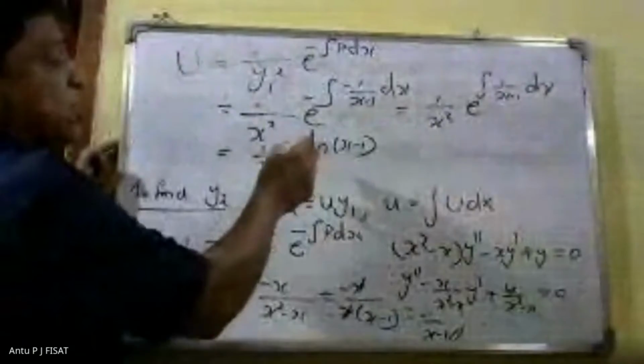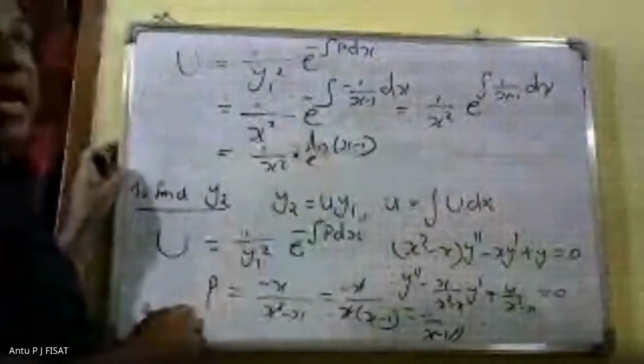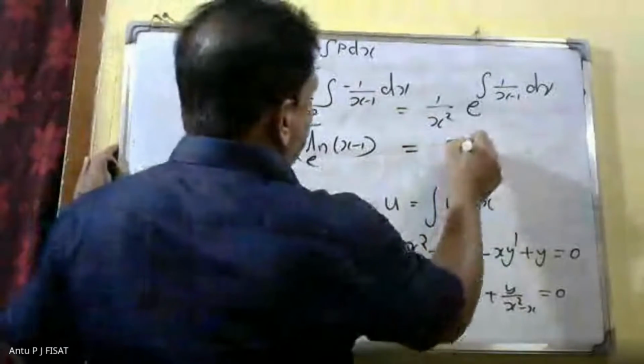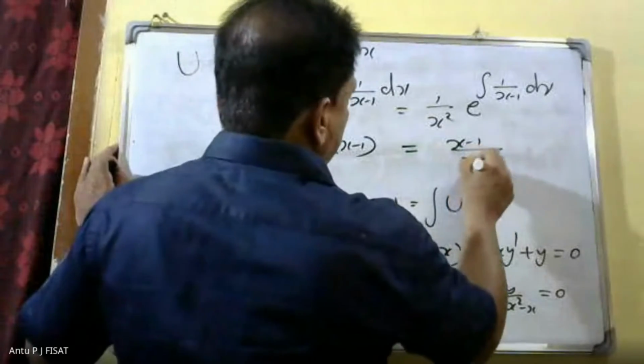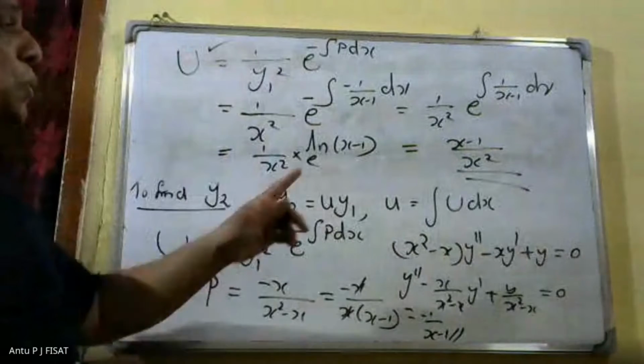Therefore, 1/x² into e^(ln(x − 1)) can be written as (x − 1)/x². Therefore, the value of capital U is equal to (x − 1)/x².